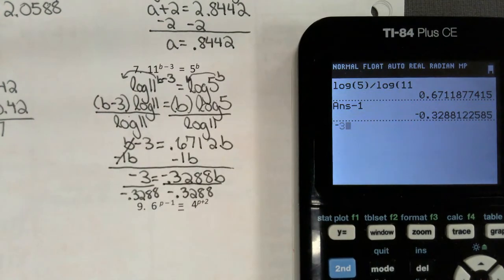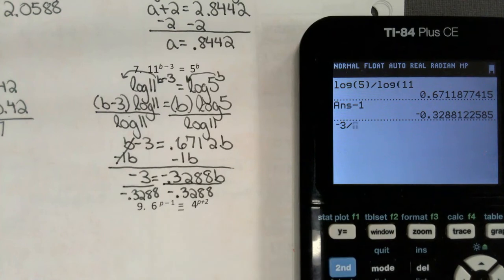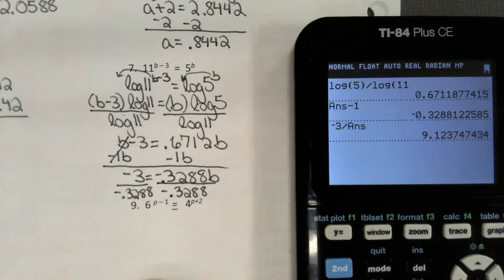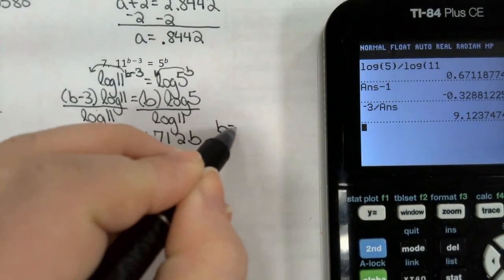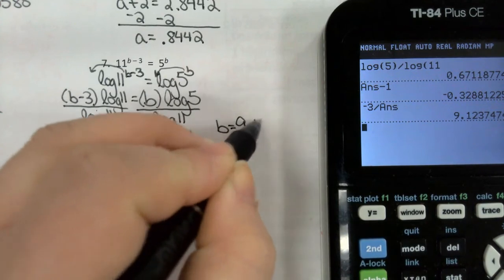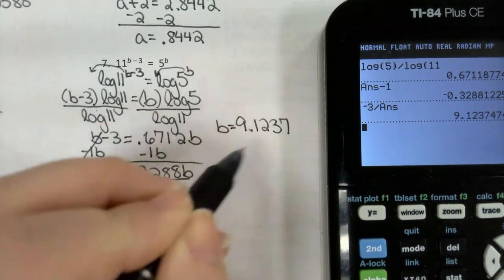So negative 3 divided by that long nasty decimal, second answer. And so I got b equal to 9.1237.